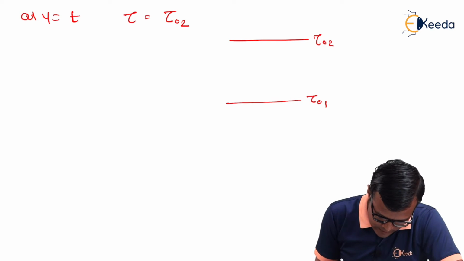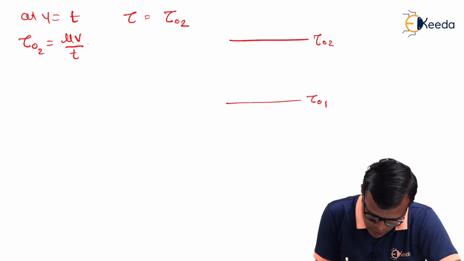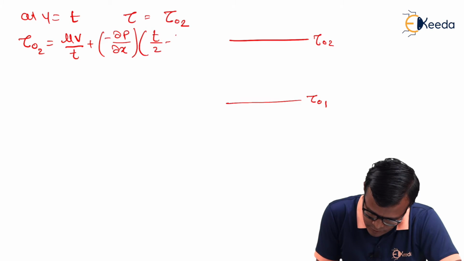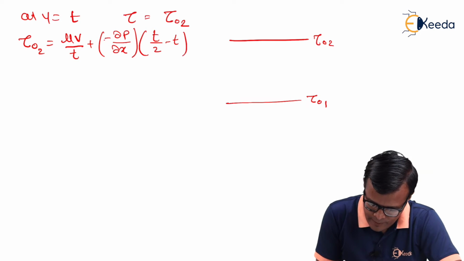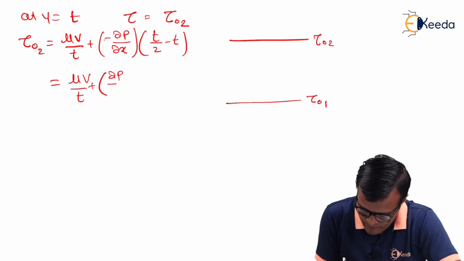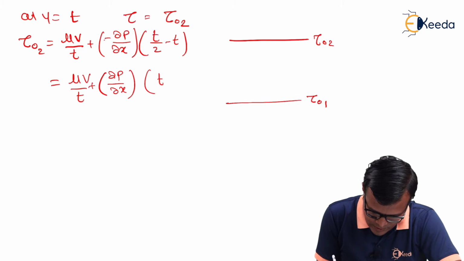So at the second point, tau naught 2 becomes mu v upon t, which does not change at all, plus minus delta p by delta x into (t upon 2 minus t). This negative sign will get absorbed, so we can write it as mu v upon t plus delta p by delta x into t by 2.